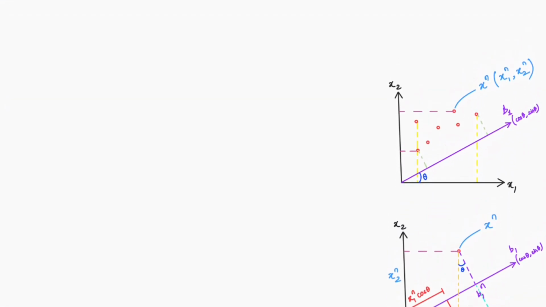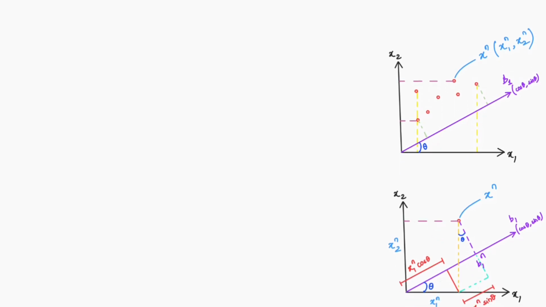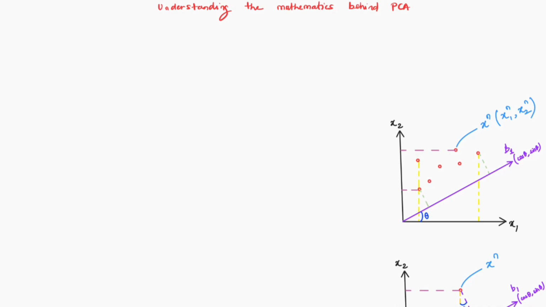Now let us move to the mathematical understanding of PCA. So let us first introduce the conventions that we are using. So you see here, this is xn. So xn is nothing but the nth data point. This is the original nth data point. And we are using currently two dimensions just for example.